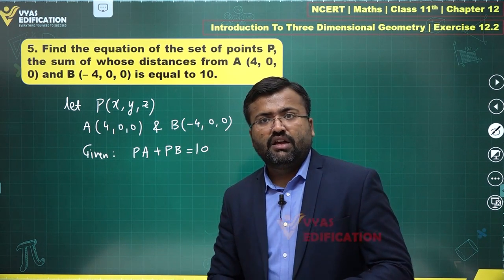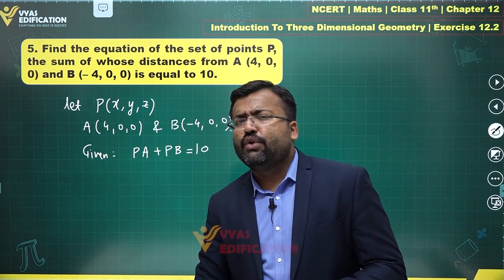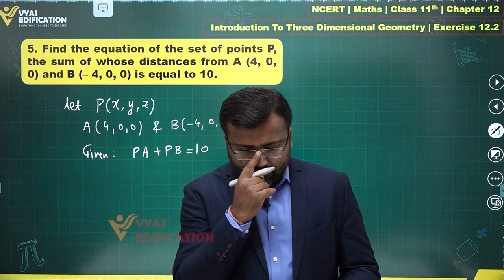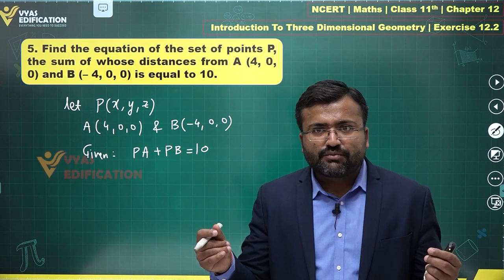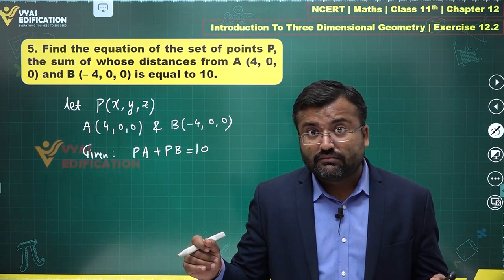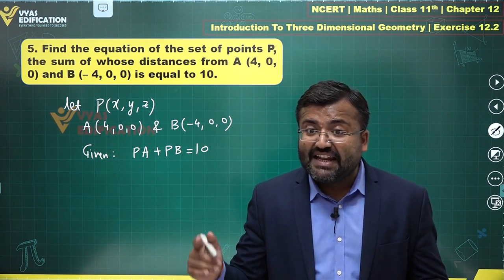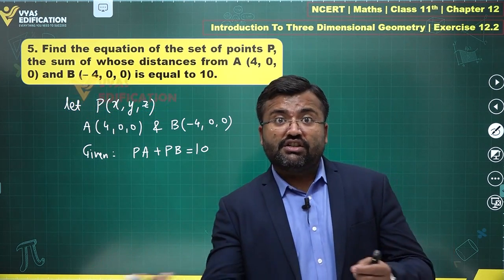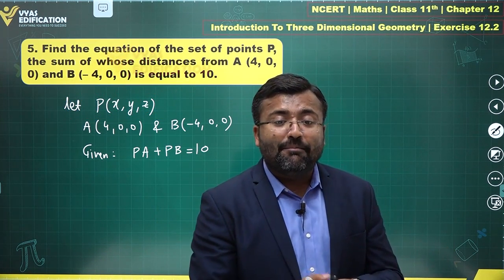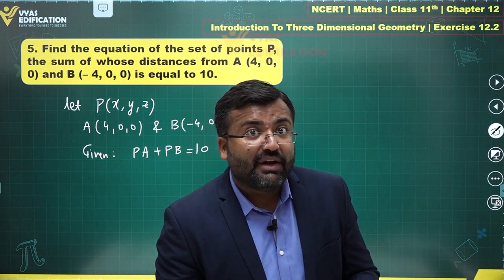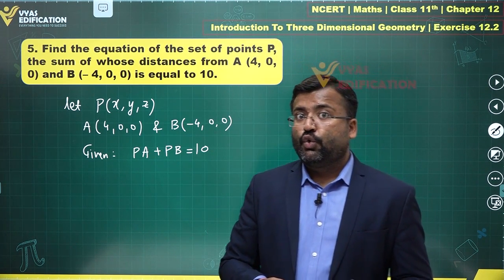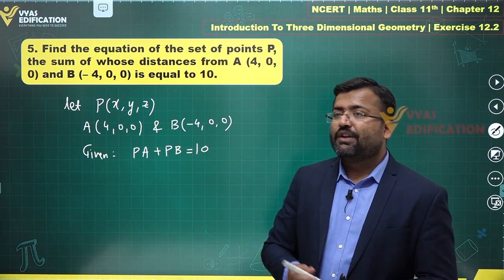You've studied conic sections, right? Remember, from any two fixed points, if the sum of distances is fixed, then the locus of that particular point, or the set of those points, will form an ellipse in a plane. Mind you, in a plane they will form an ellipse. So what will they form over here?